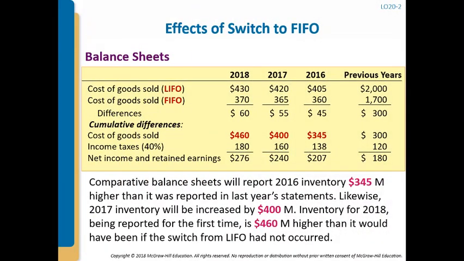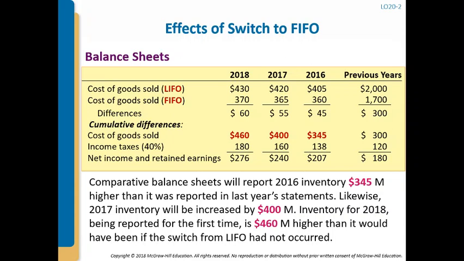Now going back here, you see that it says comparative balance sheets will report 2016 inventory 345 million higher than it was reported in last year's statements.